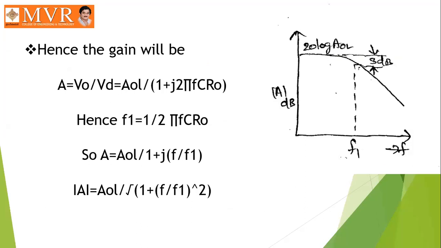Hence F1 is equal to 1 by 2 pi fC into R naught. Here we consider F1 as the corner frequency due to this capacitance effect, and this is the corner frequency we are going to obtain.